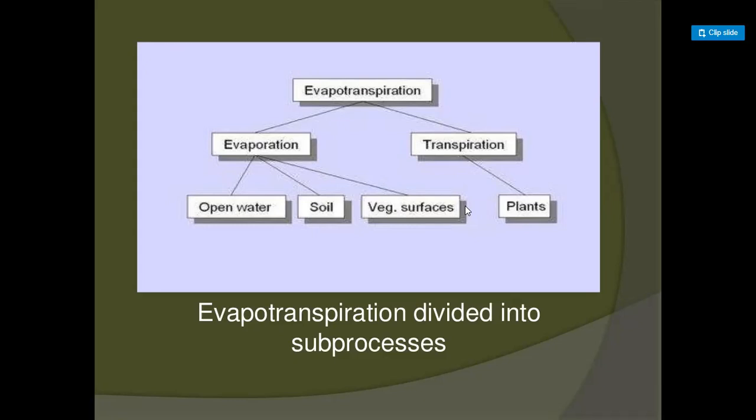For example, ice and snow fields, bare rock slopes, some desert areas and water surfaces will have purely evaporation occur. Evapotranspiration represents the most important aspect of water loss in the hydrologic cycle.